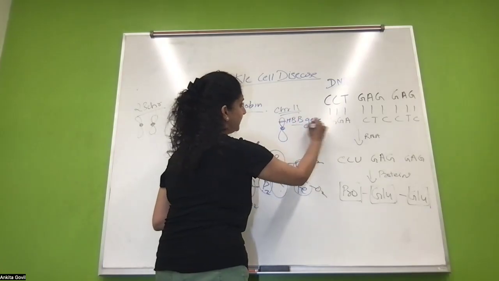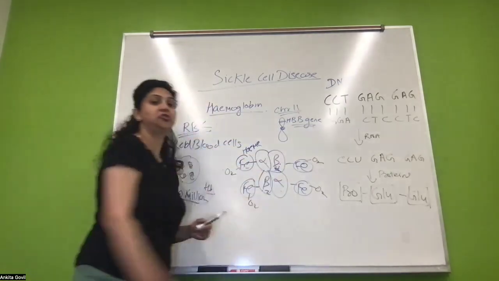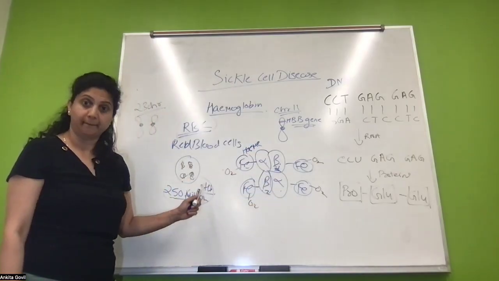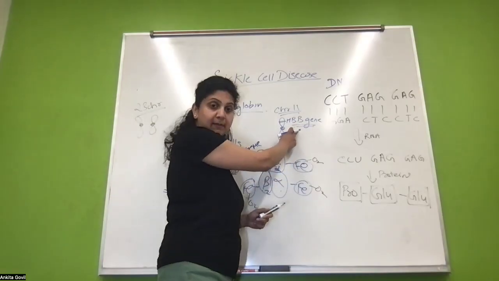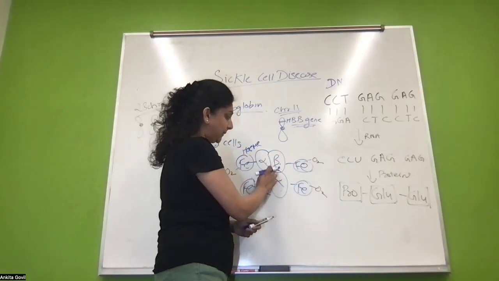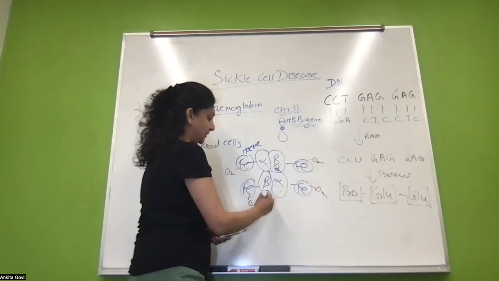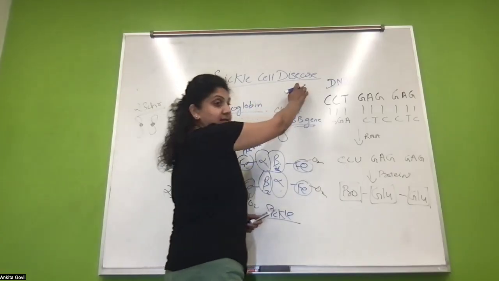This HBB gene is responsible for the beta chain, or the beta protein, present in the hemoglobin molecule. When there is a defect in this HBB gene, the beta chain is defective, and that's why the person gets sickle cell disease.